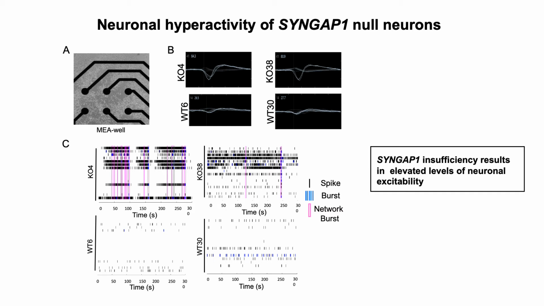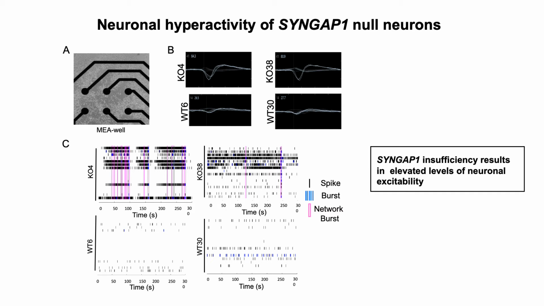And these are the representative waveforms of the spiking behavior from each of the wild type as well as the knockout neuronal cultures. And here we can see the representative raster plots from all the 4 clones, illustrating the spiking and bursting behavior over a 5 minute continuous spontaneous recording.